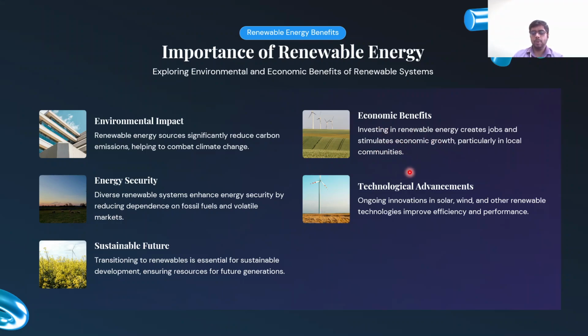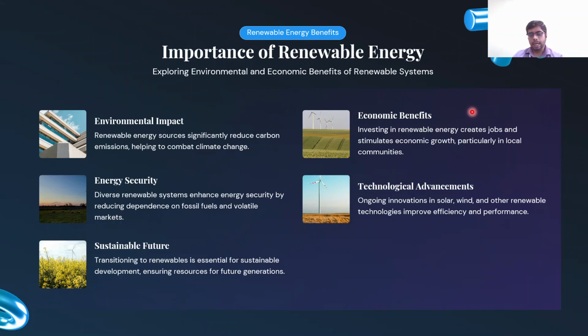Investing in renewable energy creates jobs and stimulates the country's growth, and it helps the development of local communities and so on. So there are various types of schemes adopted in this renewable energy generation. For example, we sometimes talk about community grids, which basically use renewable energy generation to form a small microgrid, which is operated and maintained by a certain community, and that's why it is called the community grid.